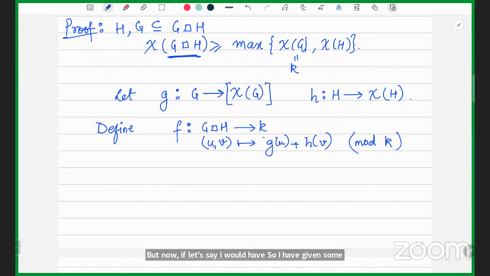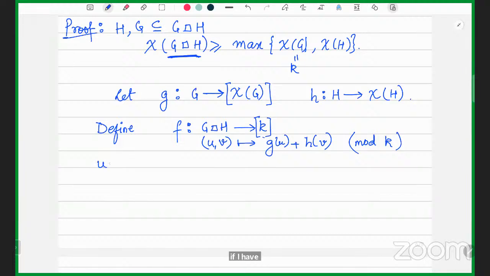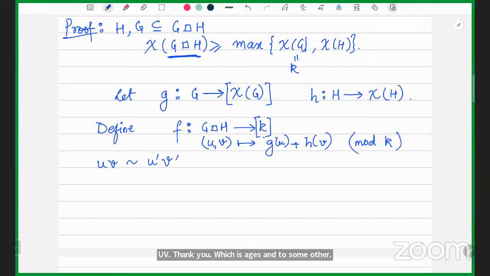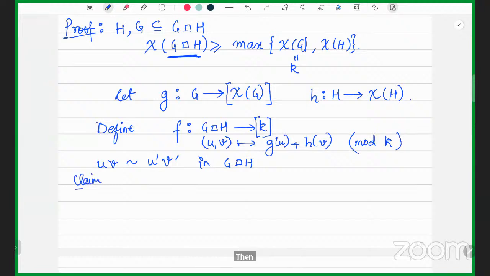Okay, all that I want to do now is that, say if I have UV which is adjacent to some other vertex U prime V prime in my graph G Cartesian H, then I want to claim that their F values are different, right?